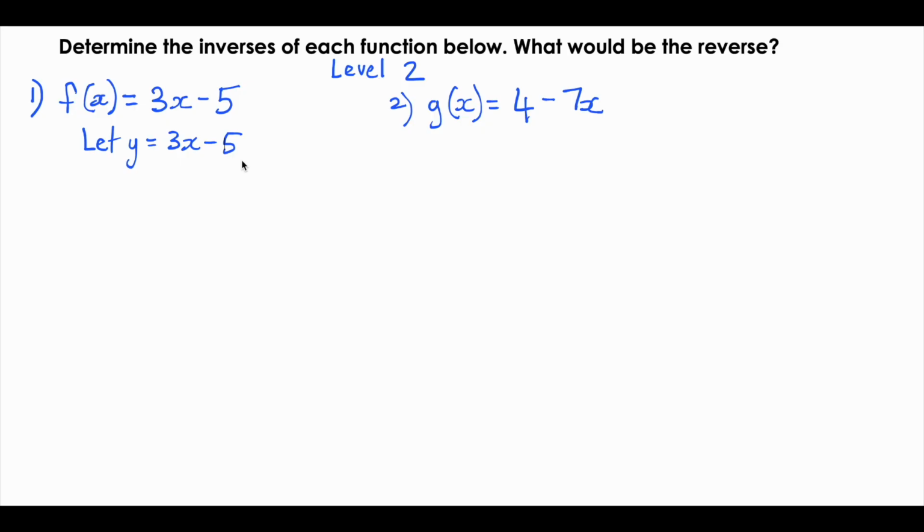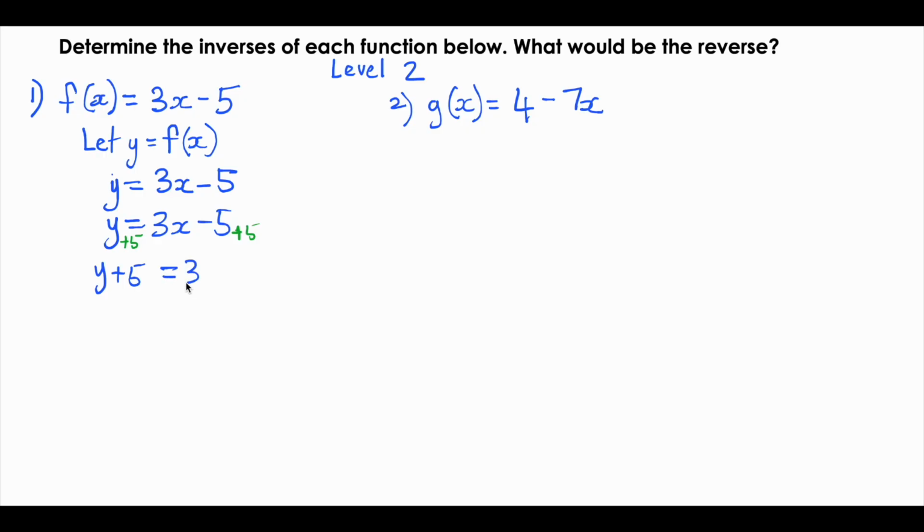The 5. Lovely. We get rid of the minus 5. How do we get rid of minus 5? Plus 5, from both sides. Good job. So we add 5 to both sides, and we end up with y plus 5 is equal to 3x.